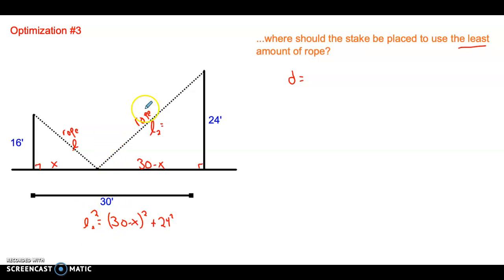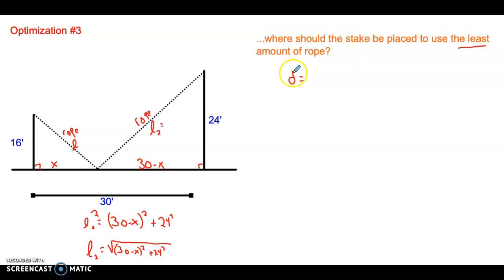All right, I just want the length. I don't want the length squared. So I got to take the square root. So the length of that rope, L2, is the square root of all this. 30 minus X quantity squared plus 24 squared.